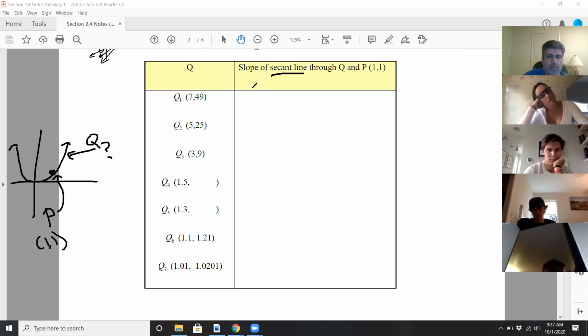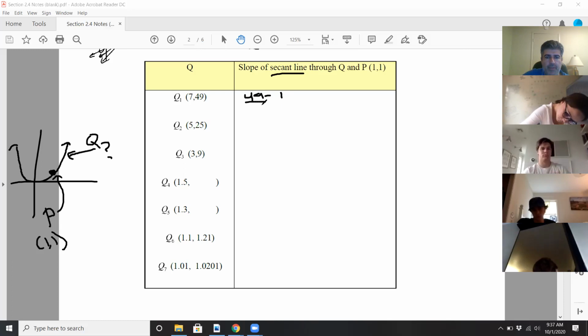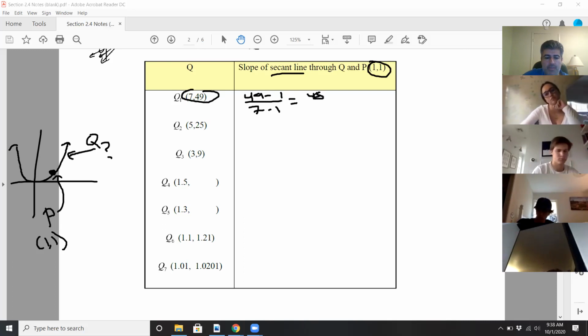So first step, we're just going to do 49 minus 1 over 7 minus 1. So all we're doing is finding the slope between 1, comma 1 and 7, 49. That should be really easy. That's just 8.